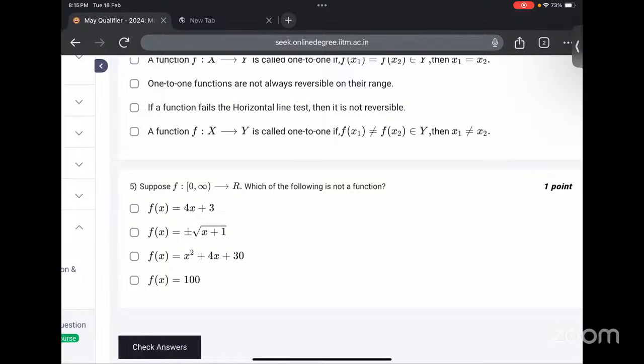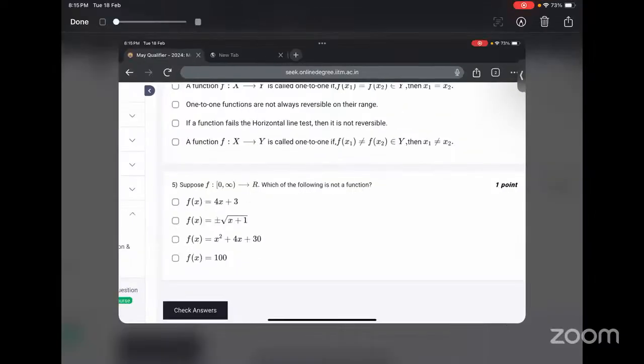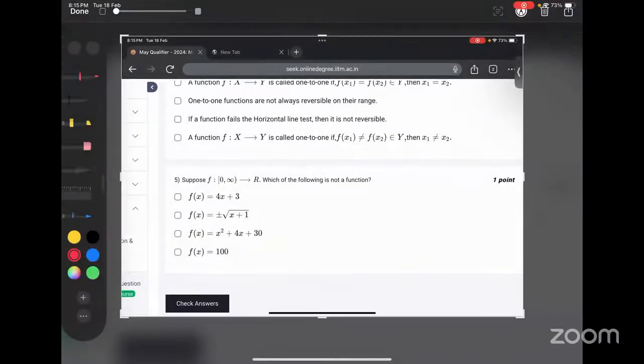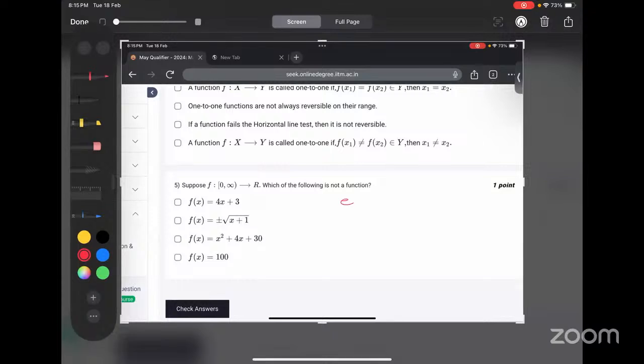Function is a mapping between sets, domain to codomain, such that each element of the domain should map to a unique element in the codomain. Two conditions.